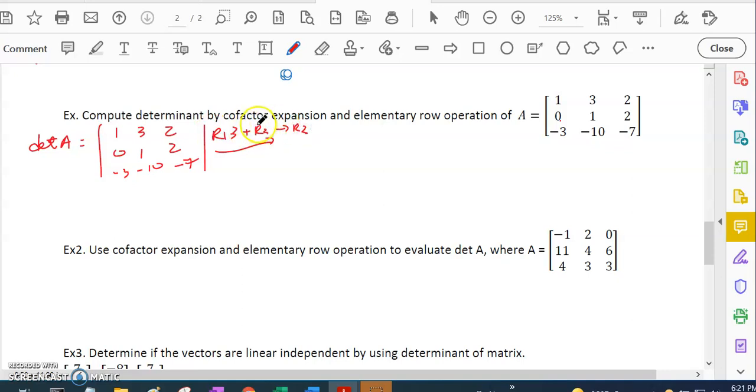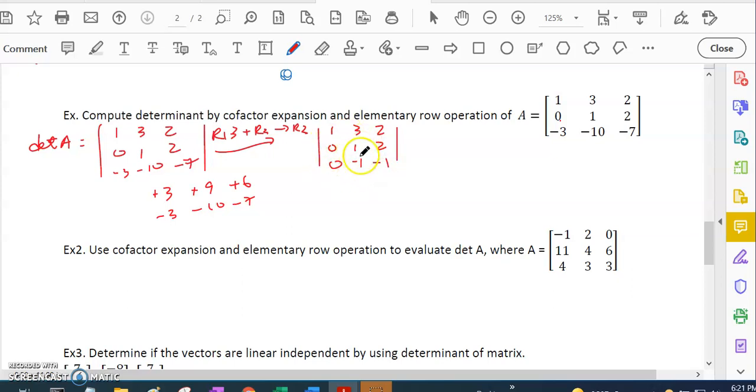And because I don't change anything, it's the same as this new matrix. So 3, 9, 6, and then -3, -10, -7, will become 1, 3, 2. Second row, I don't need to do anything. And then it will be 0, -1, -1.